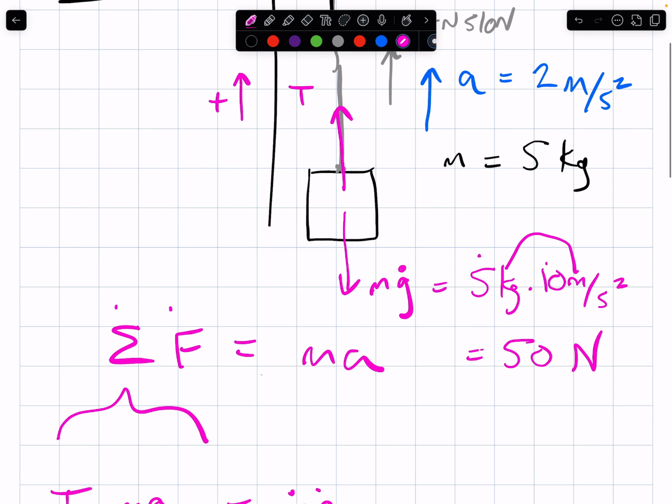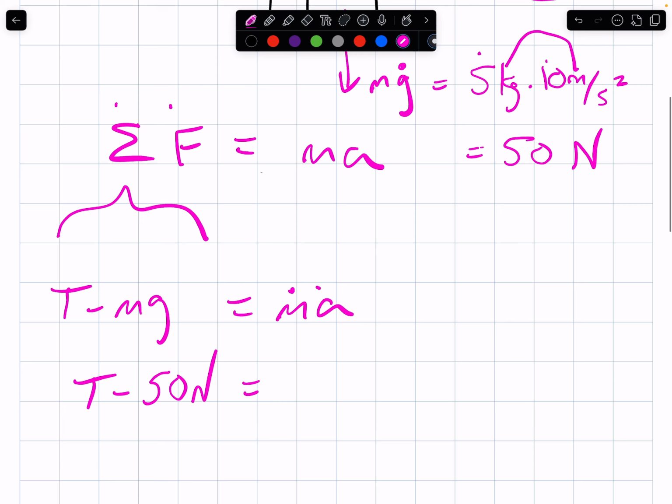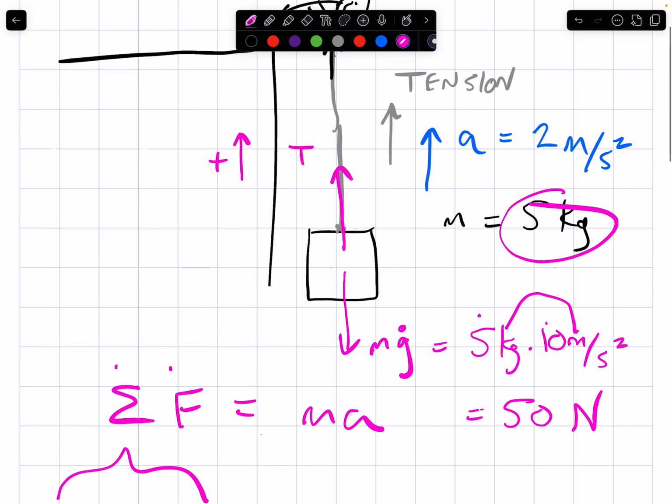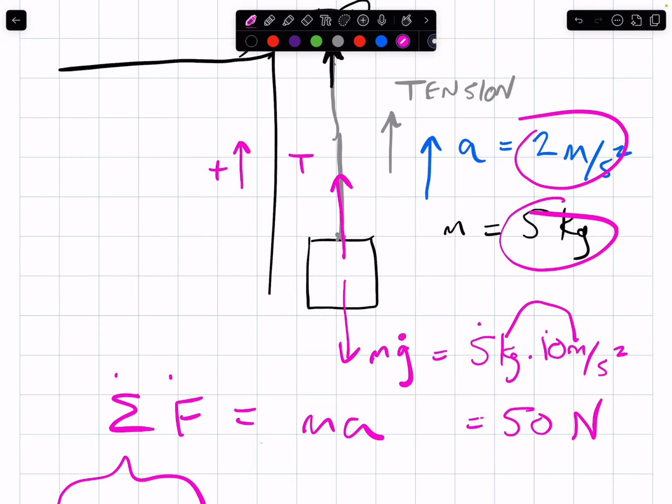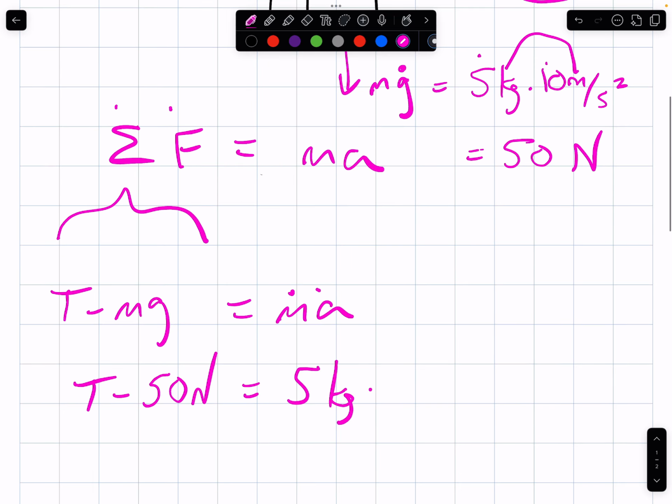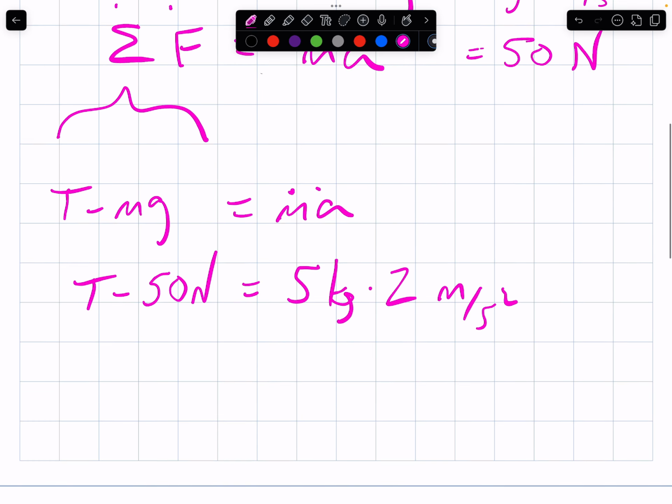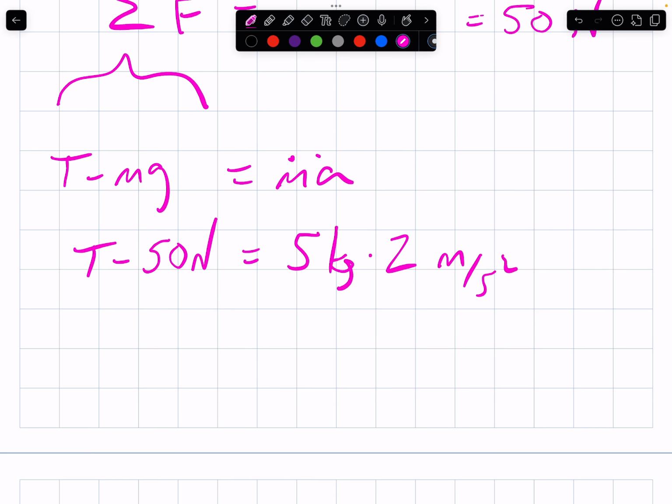So the mass of this thing is 5 kilograms. And the acceleration we want to have is 2 meters per second squared. So 5 times 2 meters per second squared. So then we're going to have T minus 50 is equal to, well, 5 times 2 is 10.